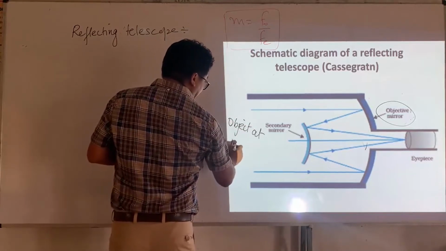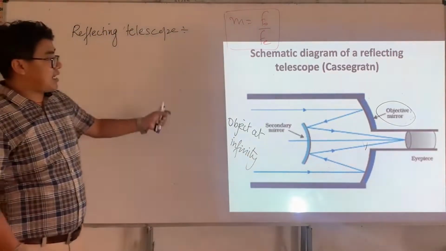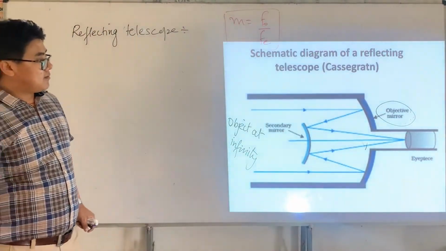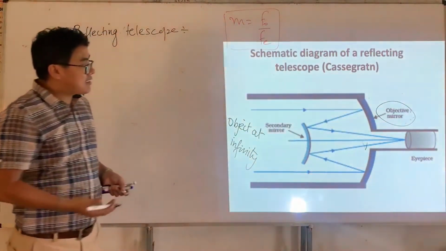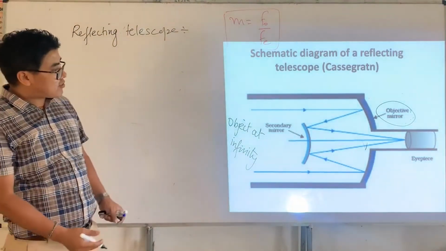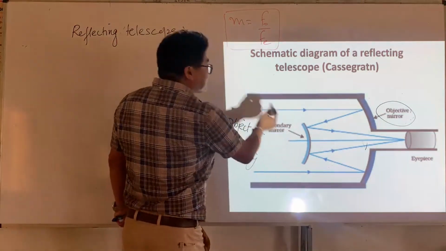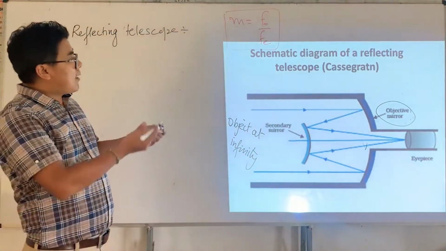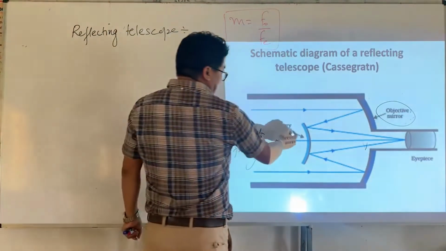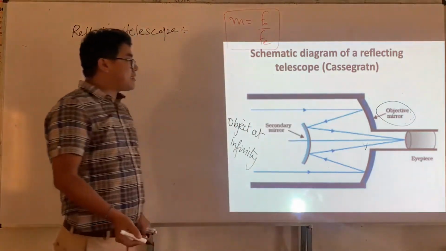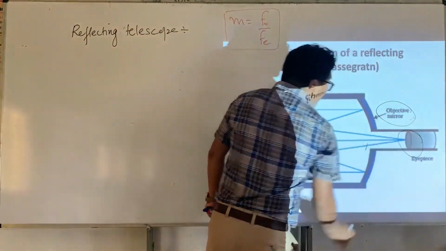at infinity. How do you know that the object is at infinity? The rays are coming parallel to each other. All right. And then this is the concave mirror. The rays undergo reflections, and maybe sometimes we observe inside a telescope and observe the image, or we keep a secondary mirror, that is a convex mirror, which again reflects that, and this is the eyepiece, and we could observe this.